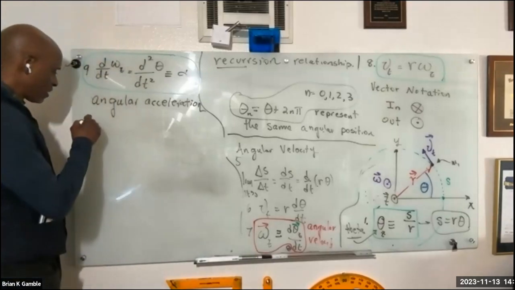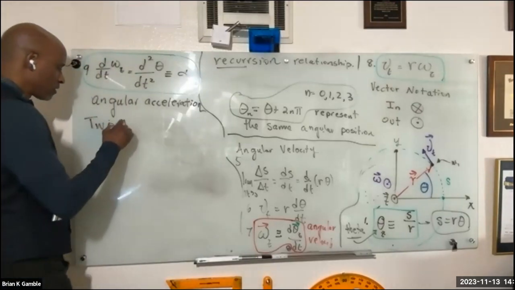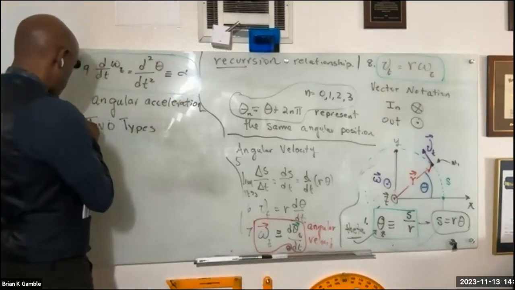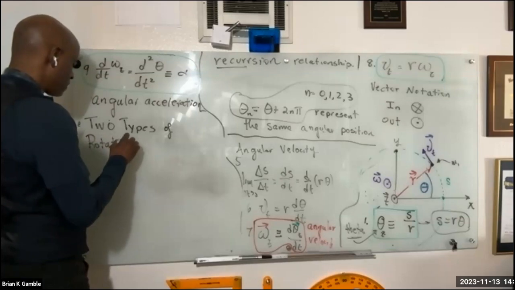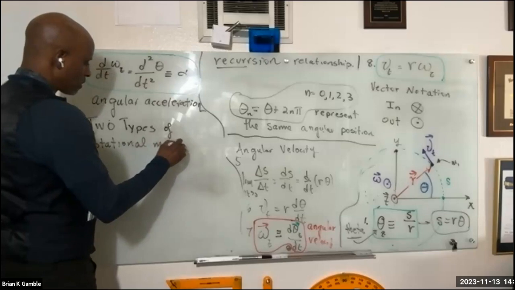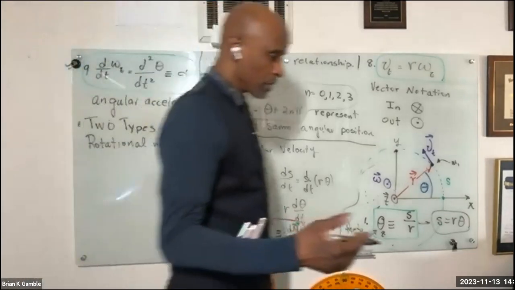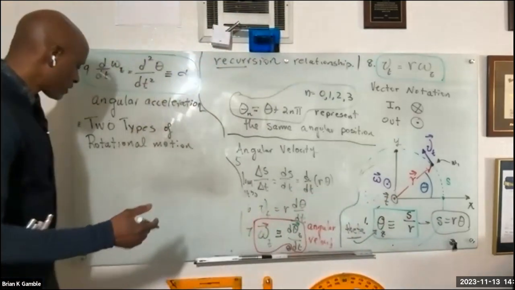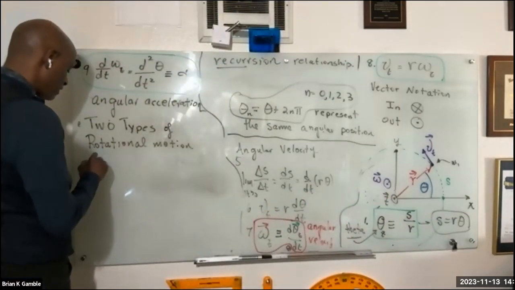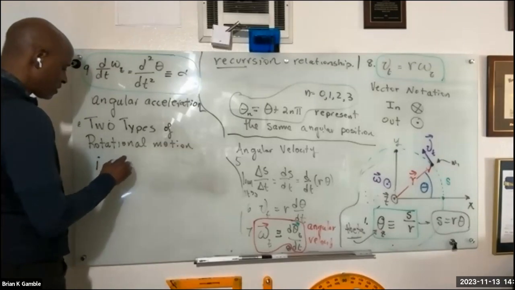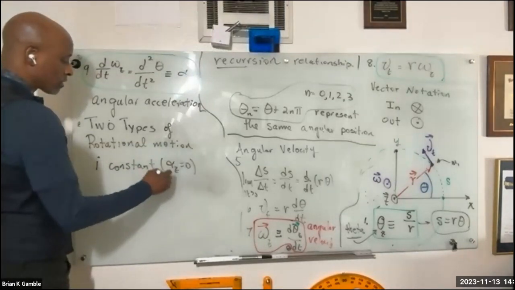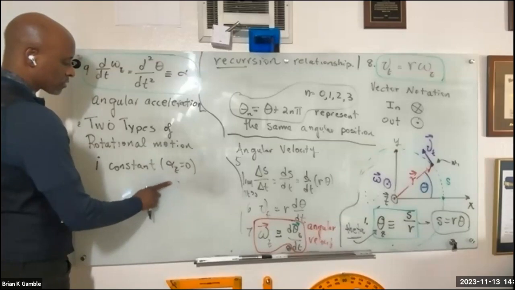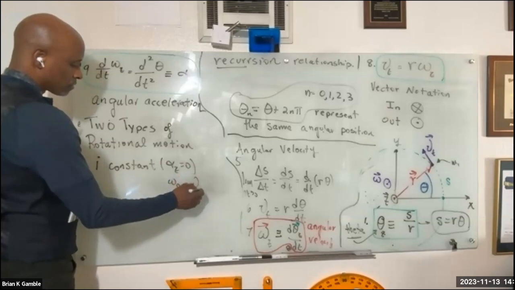Two types of rotational motion: uniform, which means constant, which implies that alpha z is equal to 0, so that omega initial equals omega final, and omega z.